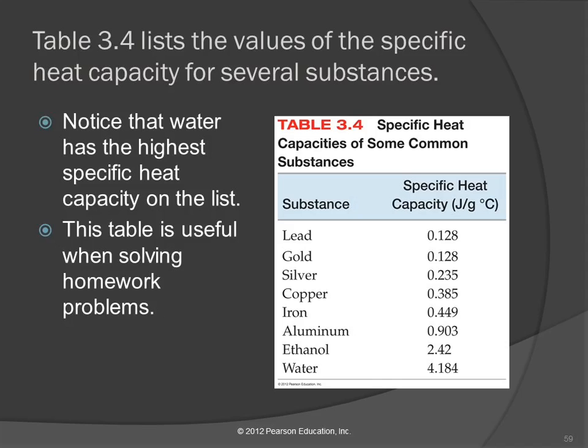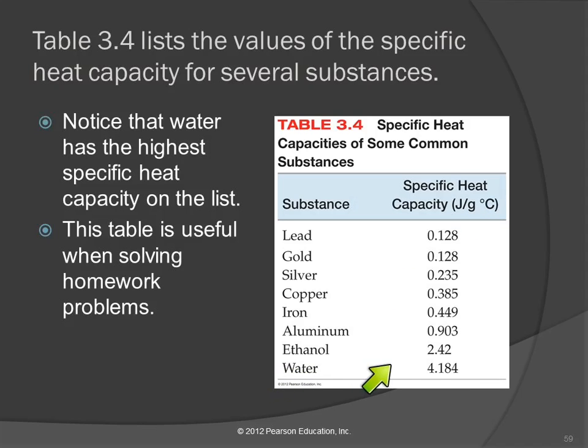So here's a table. You might need to look some of these up to do homework problems or examples from the text. I would never expect you to memorize these things. But here's some specific heat capacity of common substances. Here's water at the bottom. The specific heat capacity has the units of joules per gram degree Celsius.